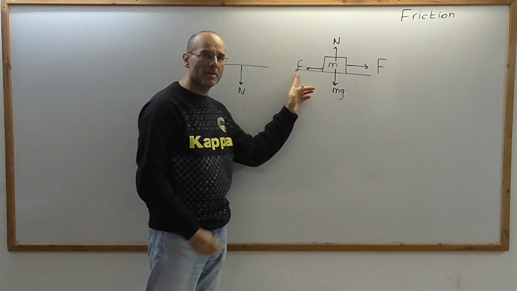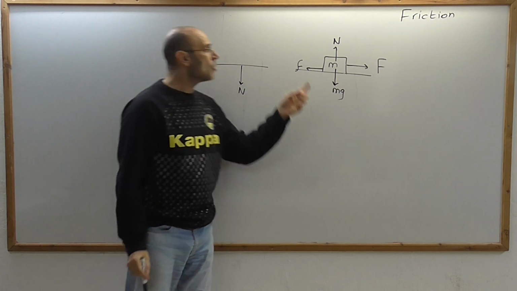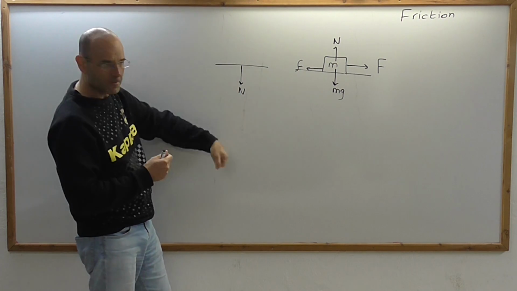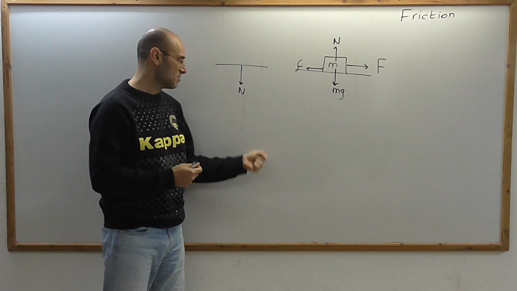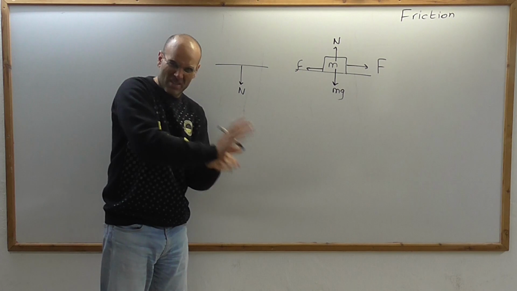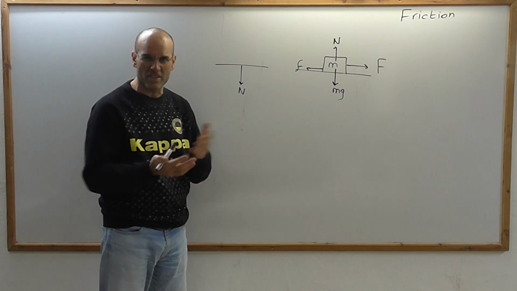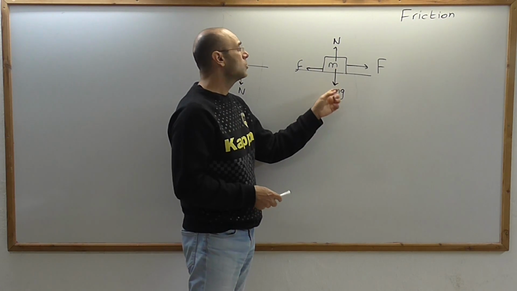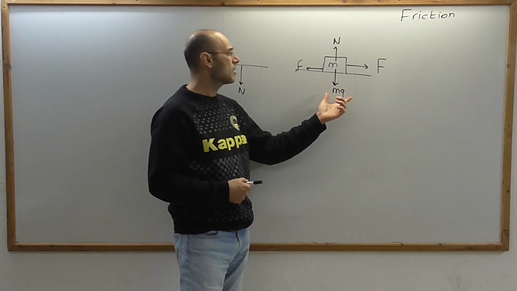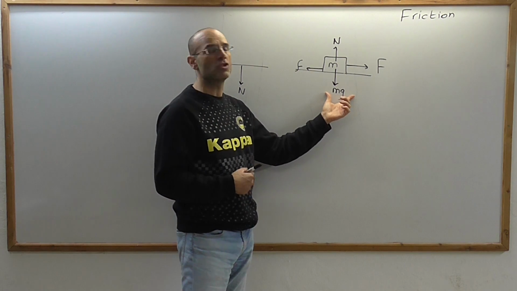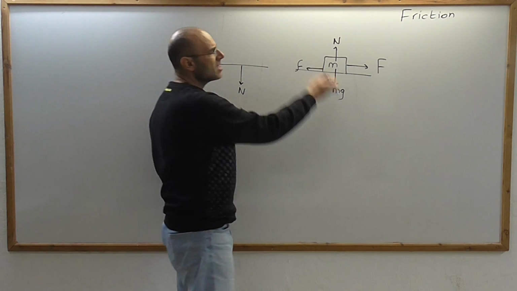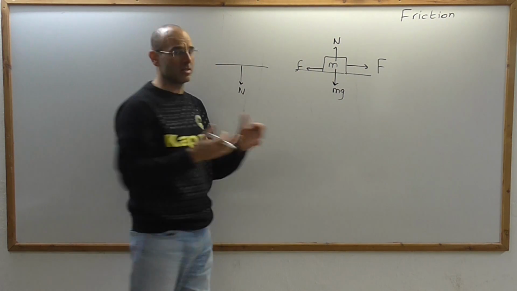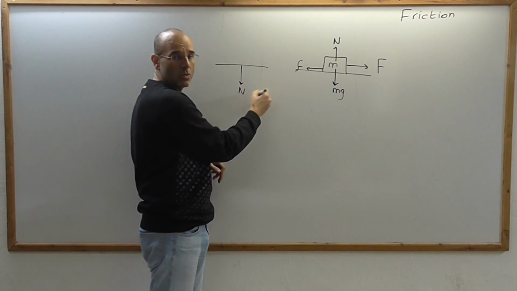So the friction depends on the normal force, because if the mass applies a lot of force on the surface, that means I have it pressed on it very hard, the friction will obviously be much bigger. Why don't we say that it depends only on the mg? Because in this case, obviously the normal force and the mg are the same, so N equals mg.